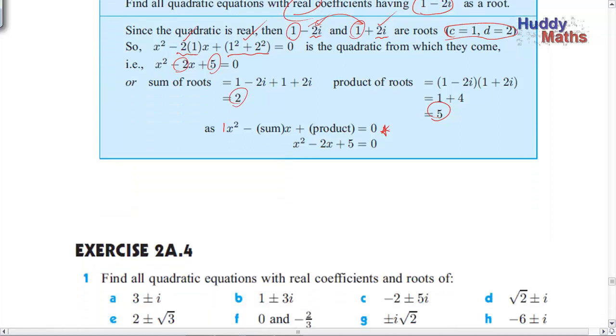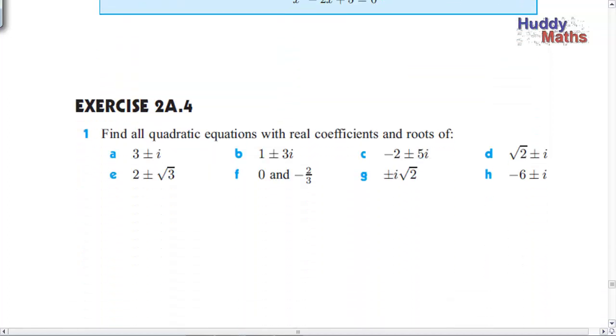Hope you're not getting too tired here. We're getting some skills together for these. So here is 2A4 from Hayes and Harris. I want you to go through and construct the quadratic equations with real coefficients. So we will use the conjugate properties, and that's all that's in this course. We don't do quadratic equations with imaginary coefficients.